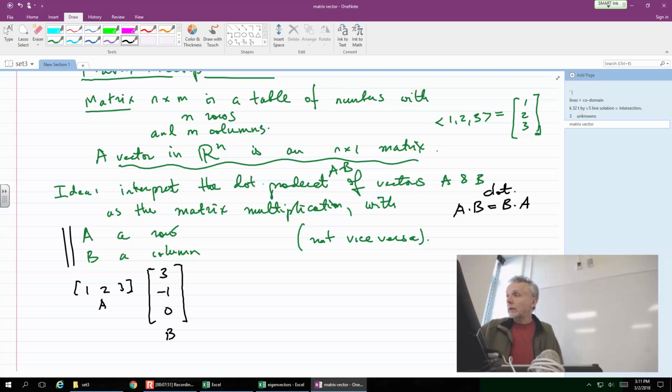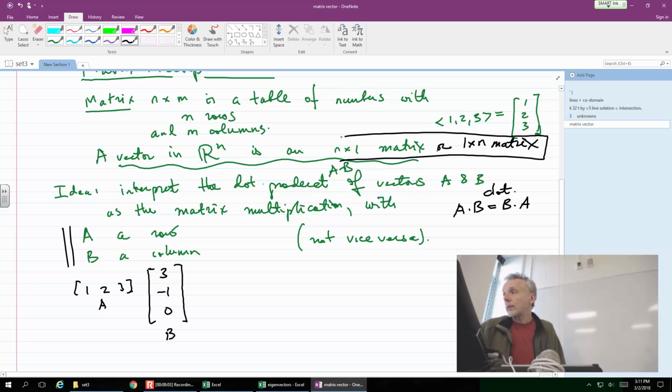So let me then correct myself here. Our vector in R^n over here is an n by 1 matrix or 1 by n matrix. So both of these are legitimate interpretations, and we use one or the other. And in the case of the dot product, we use both.